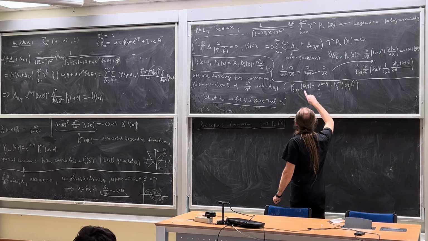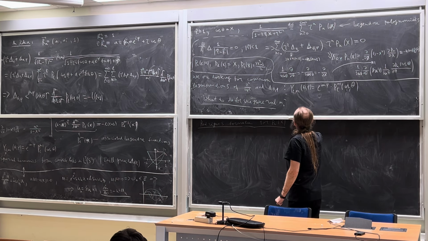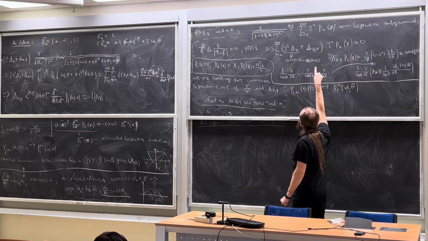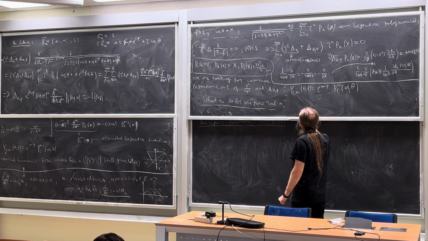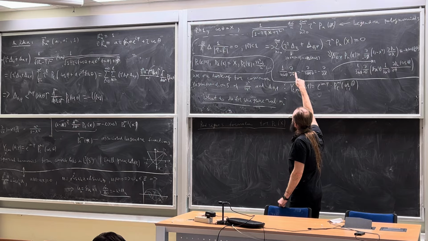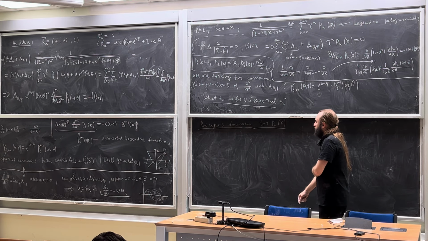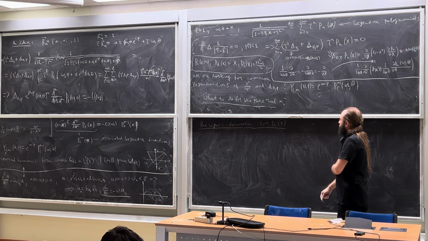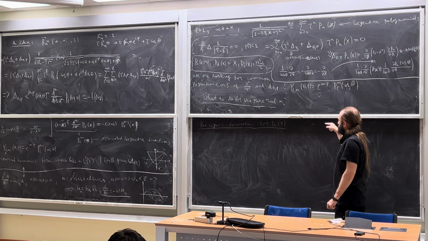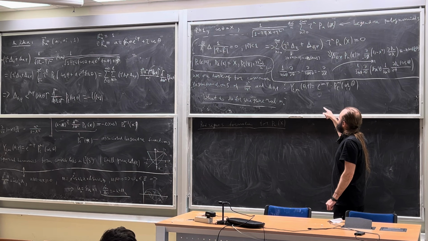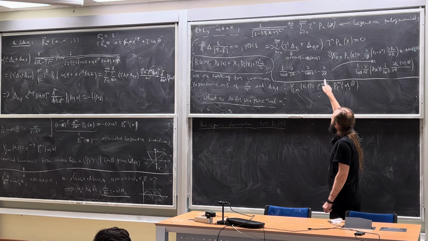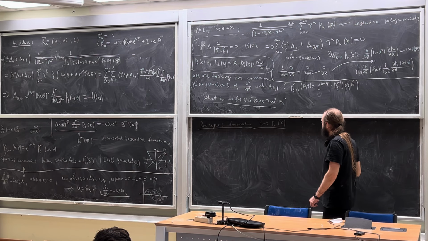So we have this definition of Pn of x as a series expansion of the square root. And to recover the single Pn, we can try to use a contour integral around r equals 0.